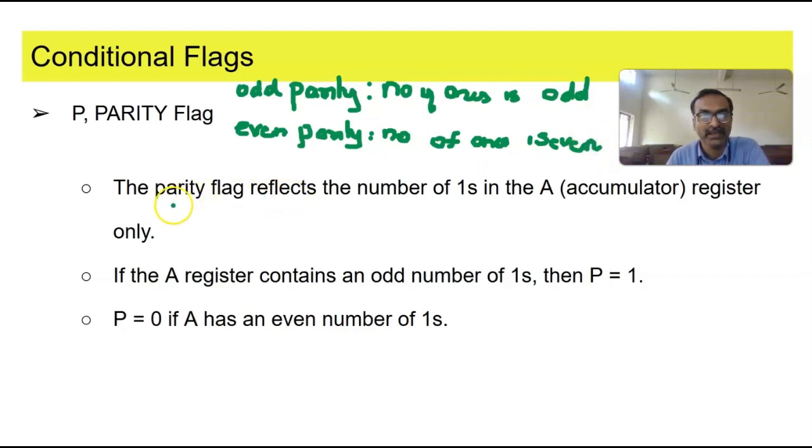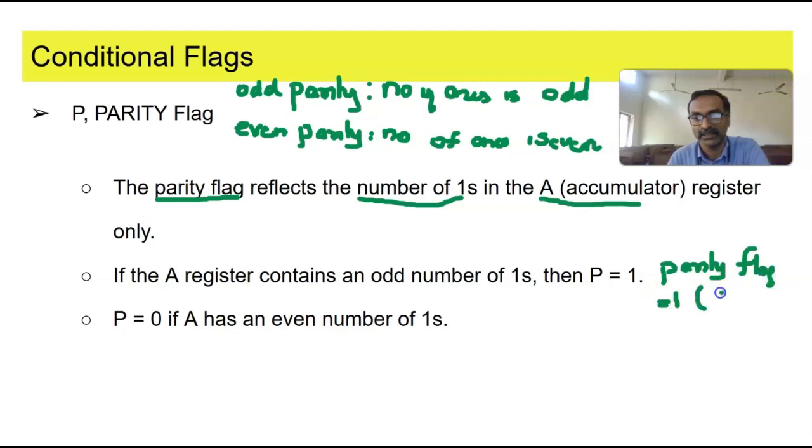So the parity flag reflects the number of ones in the accumulator. Remember, always in the accumulator. If the accumulator register contains an odd number of ones, then the parity flag will be set to 1. If A has an even number of ones, then the parity flag will be equal to 0, or it will be reset.